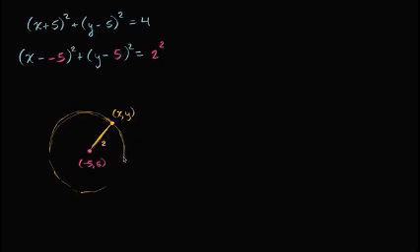But let's think about how we got that actual formula. The distance between that coordinate, between any of these x's and y's, and the center is going to be 2. So we could have our change in x, which is x minus −5. That's our change in x between any point (x, y) and (−5, 5). So our change in x squared plus our change in y squared, where the change in y is y minus 5, the end minus the beginning, is equal to the radius squared.